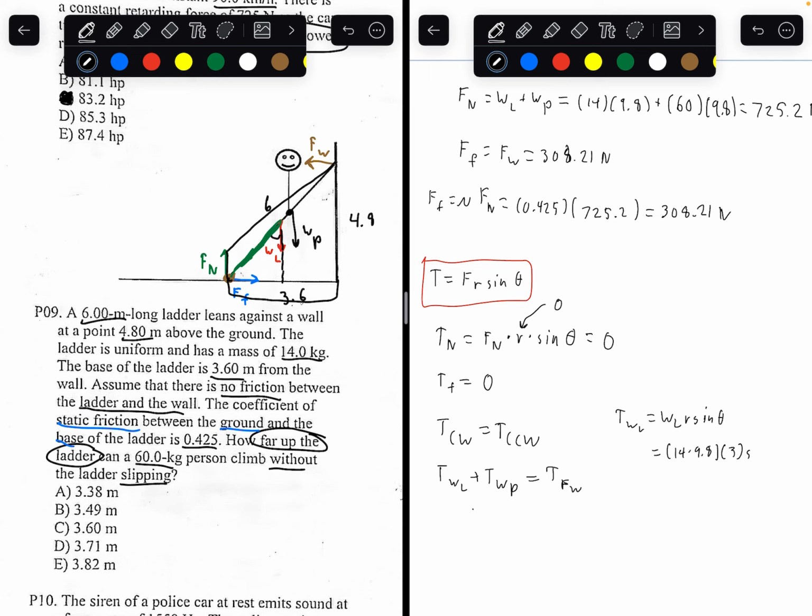So the opposite is 3.6 and the hypotenuse is 6, which is essentially what sine of theta is. So you can replace this with 3.6 over 6. Now solving all that, you would get 14 times 9.8 times 3 times 3.6 divided by 6. You would get 246.96 newton meters. That's the torque from the weight of the ladder.